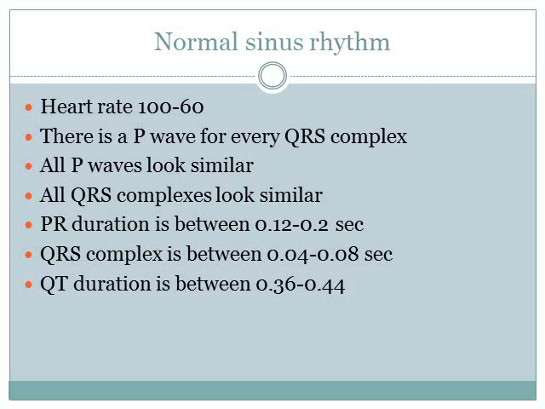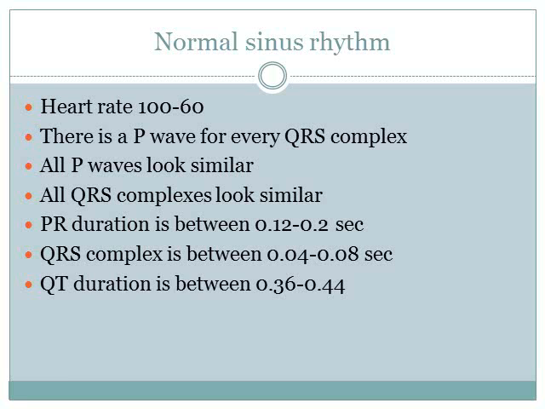If it is less than 60, we call it bradycardia. We'll talk about that in a different tutorial. In a normal sinus rhythm there is a P wave for every QRS, just one P wave, not multiple, and all P waves look very similar to each other, and all QRS complexes look very similar to each other, and these durations are within the durations that I mentioned in the previous slide.